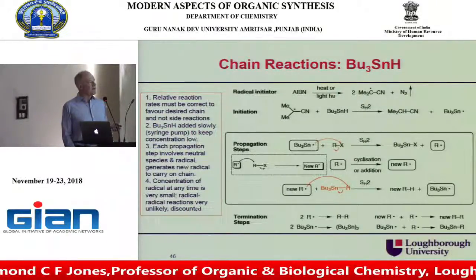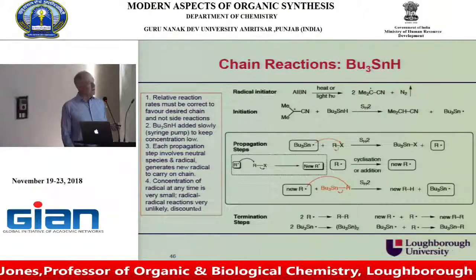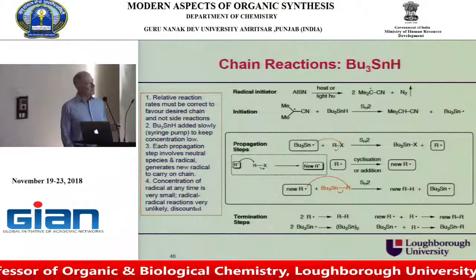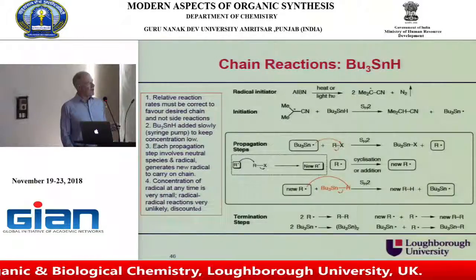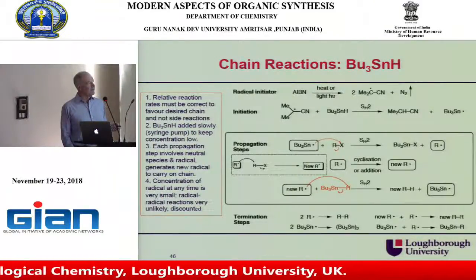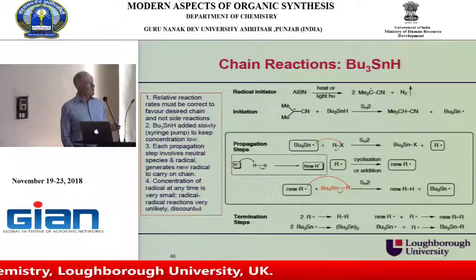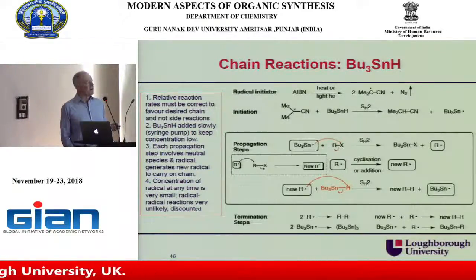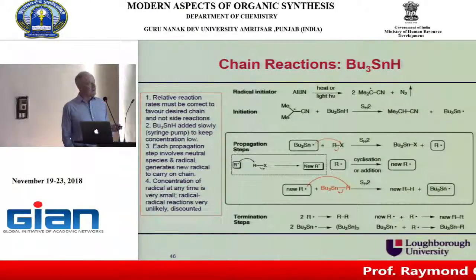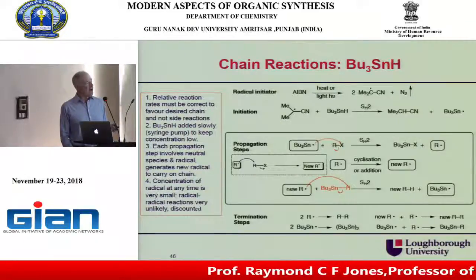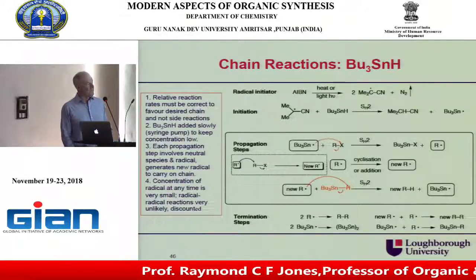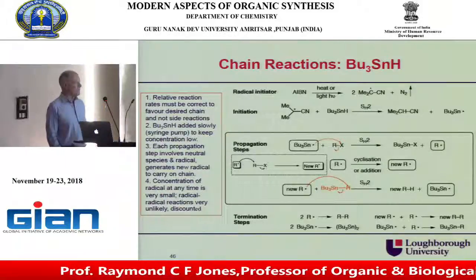Well, the tributyl tin radical usually abstracts an atom from some organic molecule. X here would normally be a halide, but I'll say a bit more about what else it could be in a moment. So let's say X is a bromide. The tin abstracts that bromine atom, forms the corresponding tin X, maybe Bu3SnBr, and that gives you an alkyl radical, or a carbon radical in general.